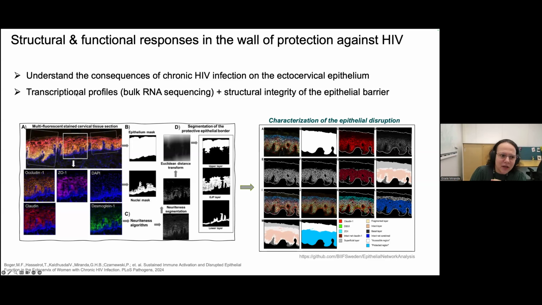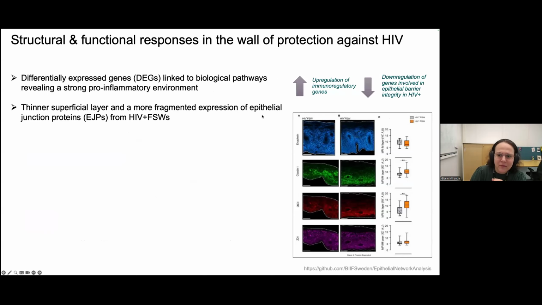And here we also did some transcriptional profiles, so bulk RNA sequencing, and what we found here is that we found differentially expressed genes linked to biological pathways. So this is from the bulk RNA analysis.